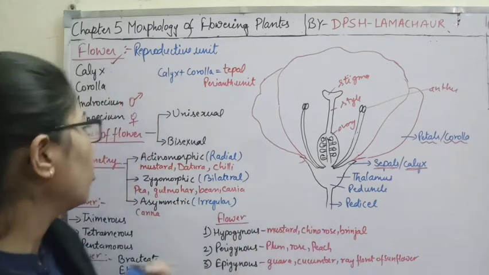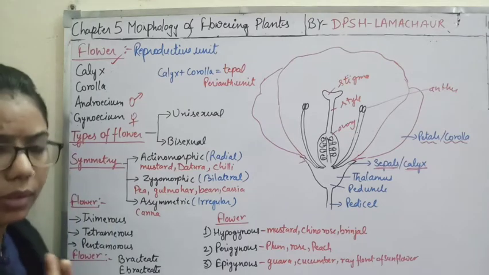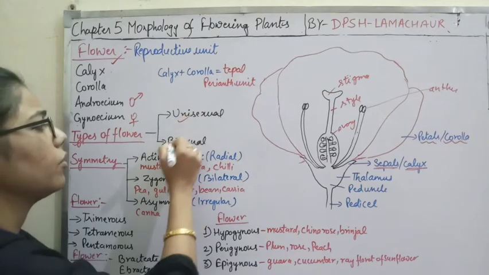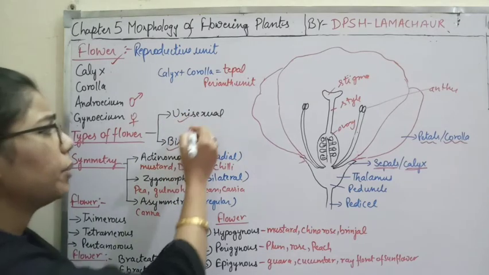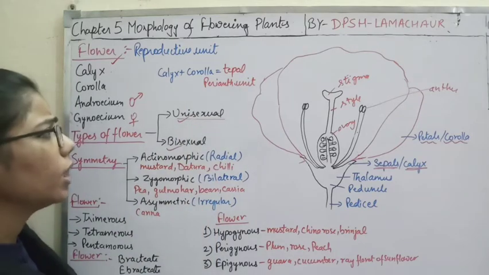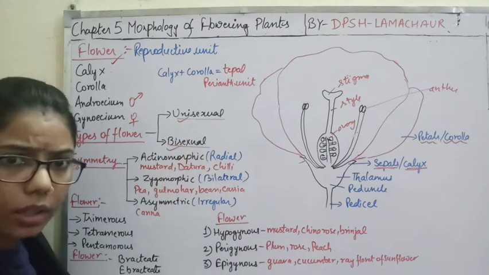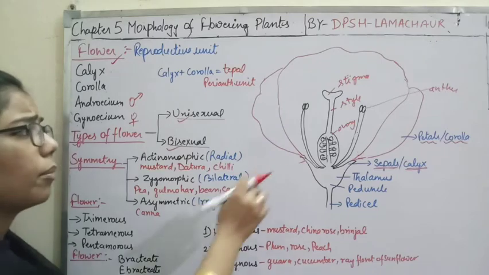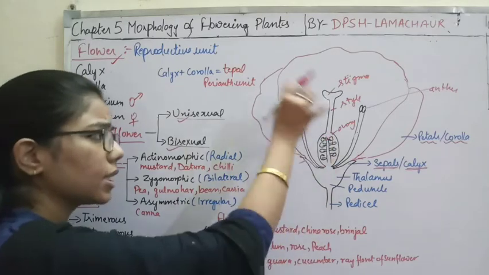Now we have two types of flower: unisexual and bisexual. What is the meaning of these two terms? Bisexual is when the male as well as the female reproductive unit are present in the same flower.